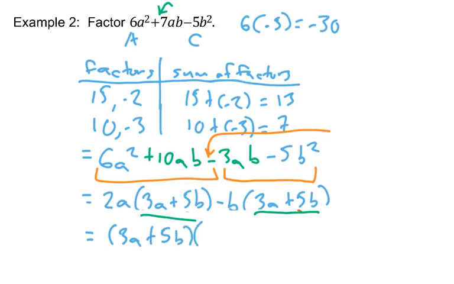And what I'd be left with is whatever remains from the first term and whatever remains from the second term: 3a plus 5b times 2a minus b. And again, you may get that in the reverse order, but if you check back, that's the exact same answer we got the other way by trial and error. Your choice, whichever of these methods works best for you.